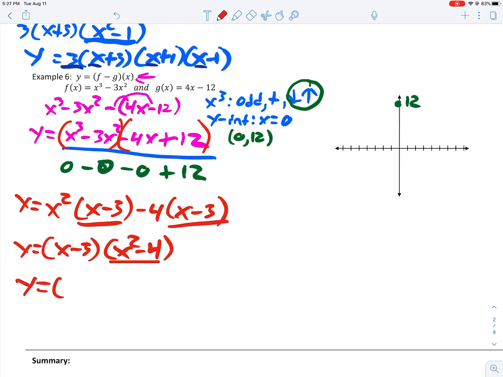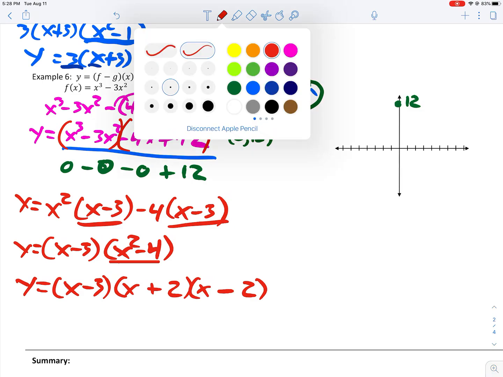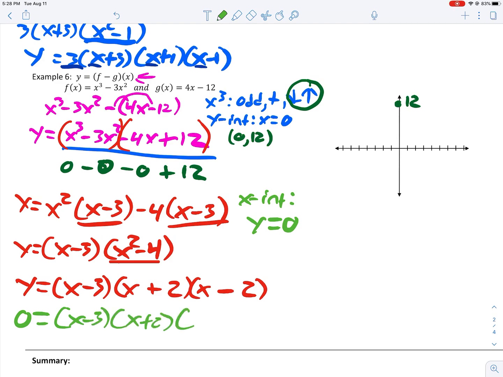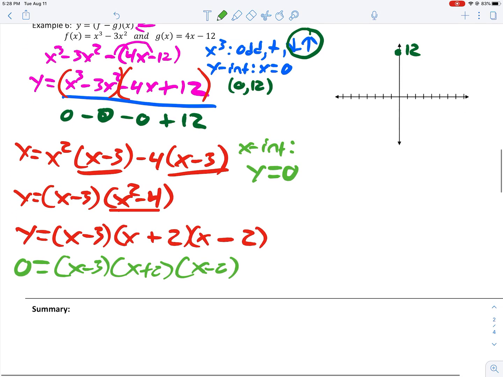So y equals x minus 3. It's going to factor into two binomials that are going to be similar, other than the signs are going to be different. So this would be 2 and 2. So now to find the x-intercepts, we're going to let y equals 0. So 0 equals x minus 3, x plus 2, x minus 2. So we're going to set each factor equal to 0.